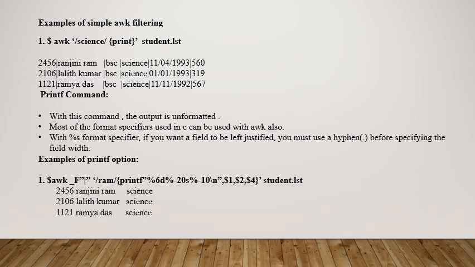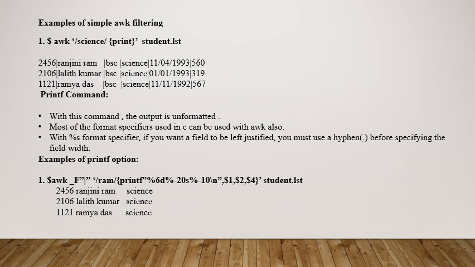That is the output. If the print action is not specified, print is the default action, so it's going to print those lines which have the science pattern. So this is simple awk filtering.